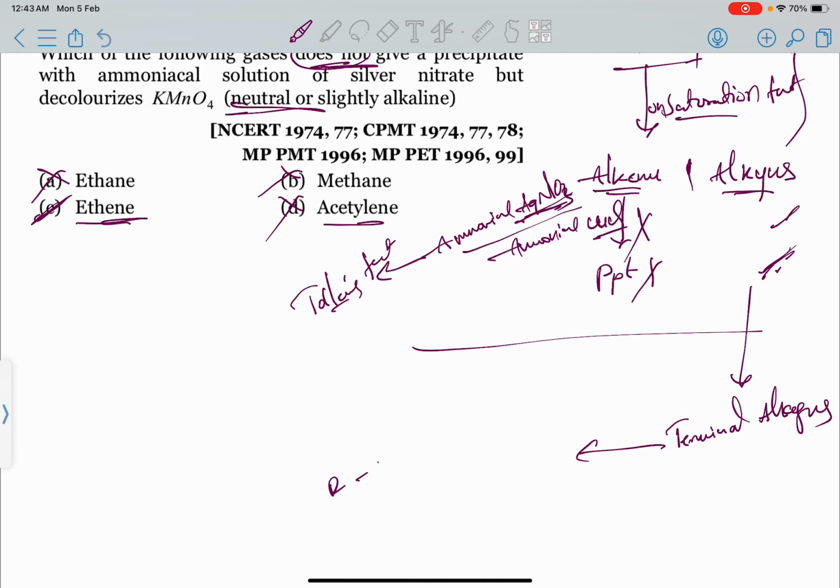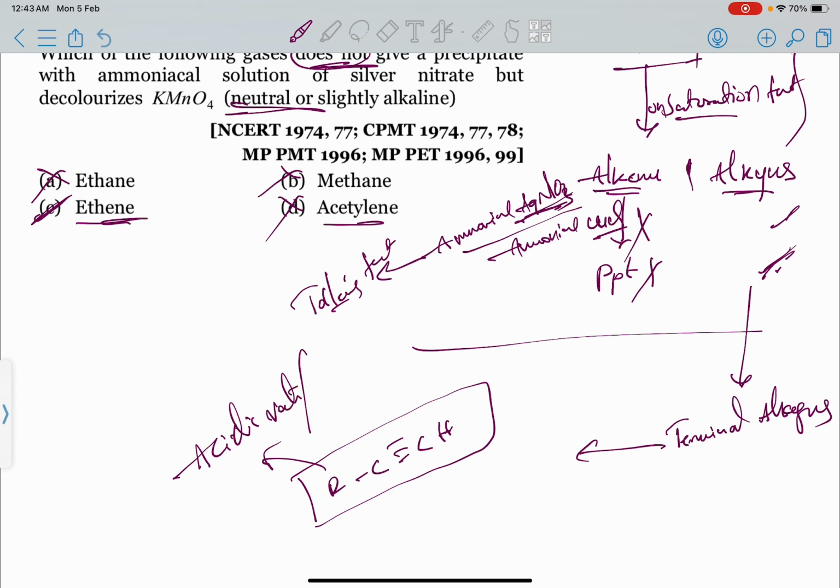So for example, R-C≡C-H, because this so-called structure exhibits acidic nature, or we can also say it exhibits nucleophilic nature.